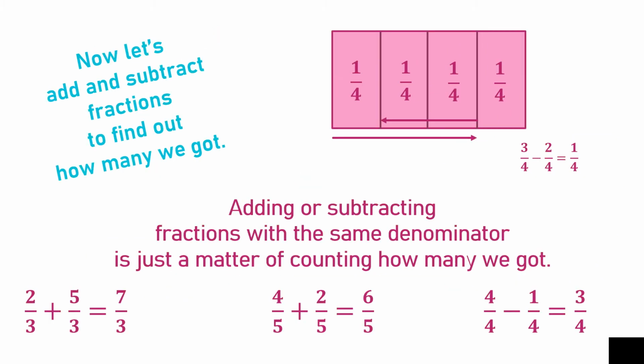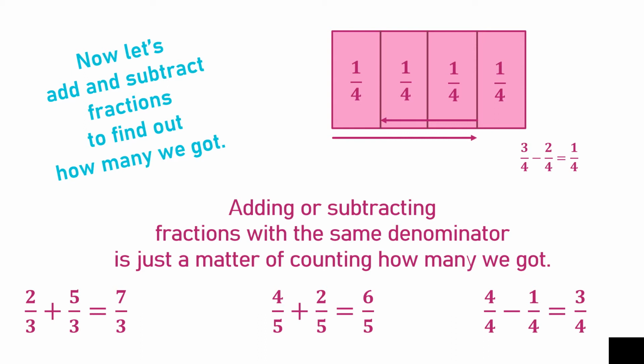Now let's add and subtract fractions to find out how many we have. Adding or subtracting fractions with the same denominator is really just a matter of counting up how many we have. If we have 2/3 and add 5/3, we add up the number of thirds we have.